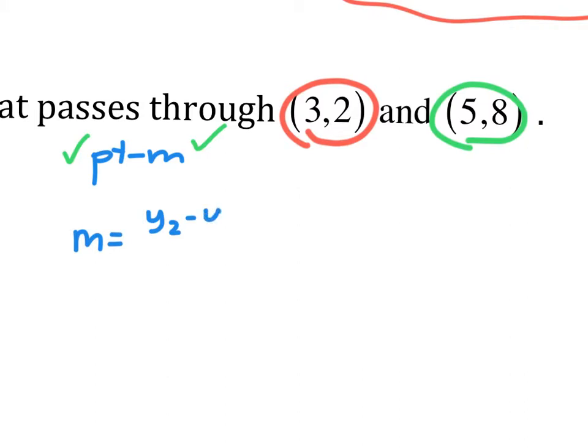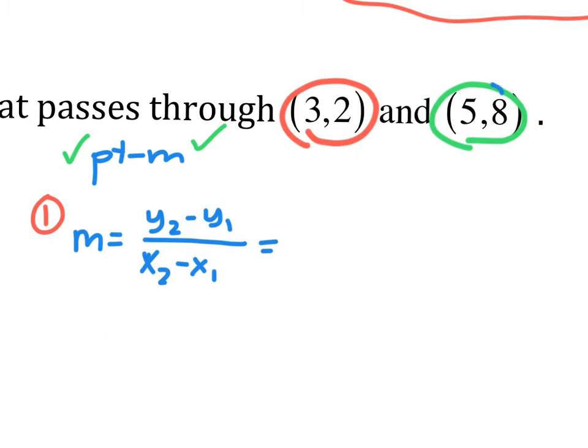Remember how we can find slope? We simply subtract the x's and subtract the y's and make it into a fraction. So step number 1, find slope. So I'm going to plug in. Remember, whichever direction you start from, that's where you go.